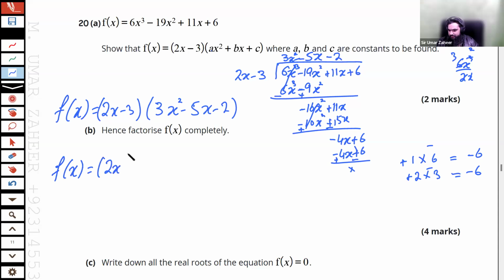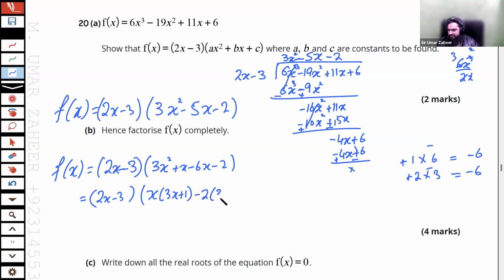Anyone? 1 and 6. Yes, it will be 3x squared plus x minus 6x minus 2. Taking x common, you get x times 3x plus 1, and taking minus 2 common, you get minus 2 times 3x plus 1.